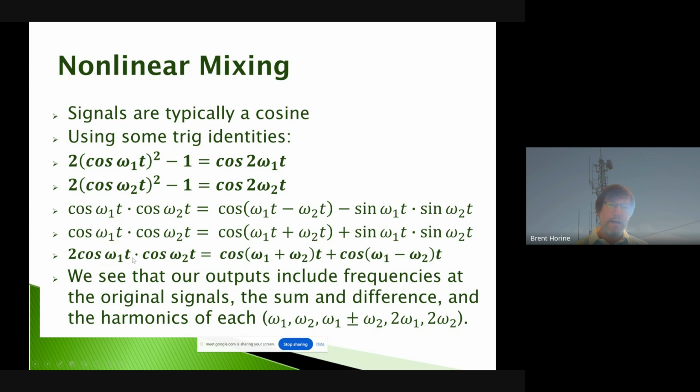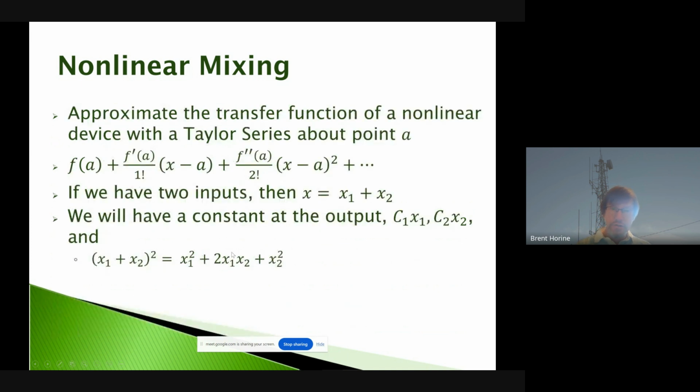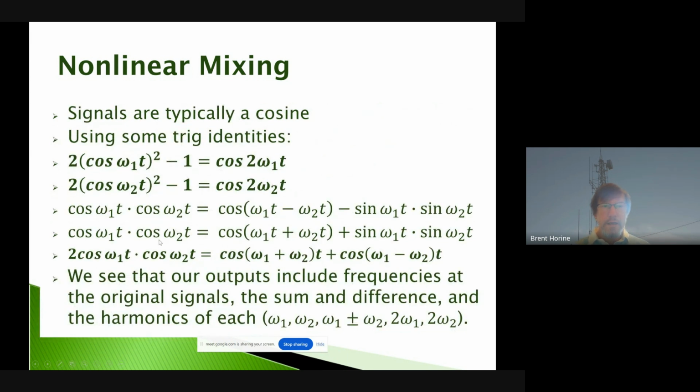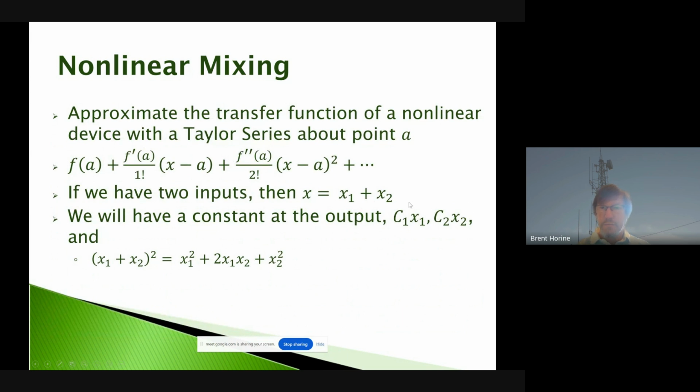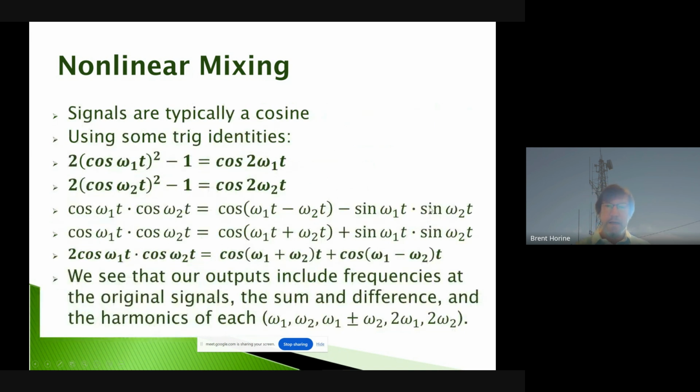So now we see that our output, that's due to this term right here in this Taylor series expression because we have a nonlinear device, includes frequencies at the original frequencies, right? We have the original signals. They're scaled down a bit, because the energy is going to some of these other frequencies also. So our outputs include frequencies at the original signals, the sum and difference frequencies, and the harmonics of each.